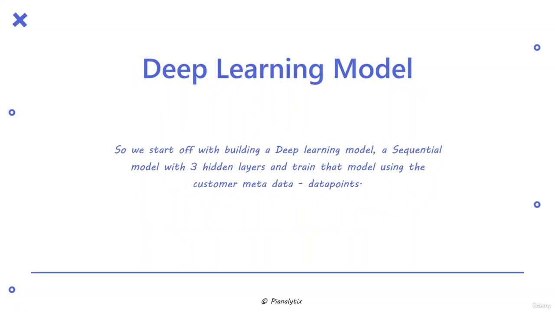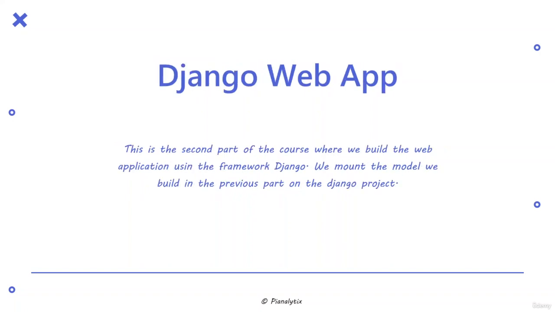Now the first part is building a deep learning model. So we start off by building a sequential model with three hidden layers, and train that model using our customer metadata, or our dataset. Next is building our web application.